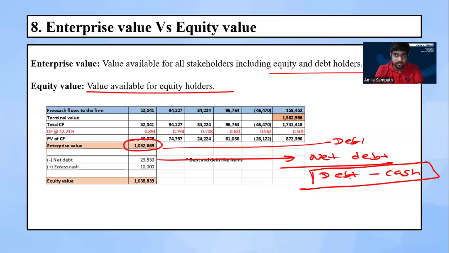In addition to the net debt, we need to make another adjustment to our enterprise value, because we derive this enterprise value based on the cash flows from our operating activities, but it does not include some non-operating items. The most relatable example is excess cash.